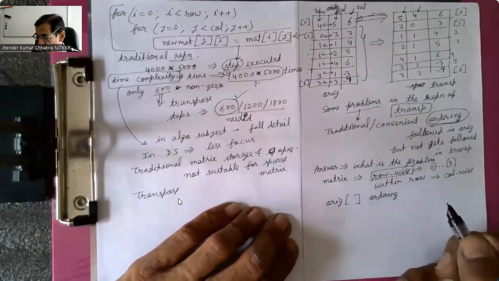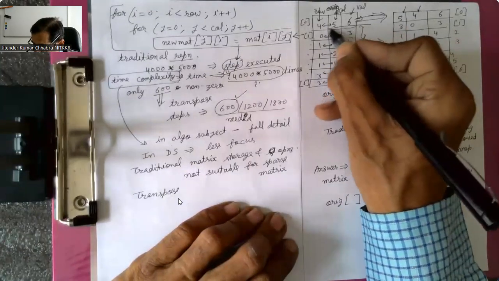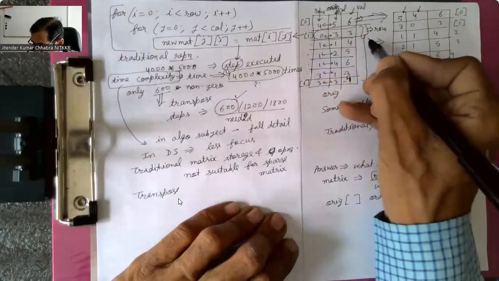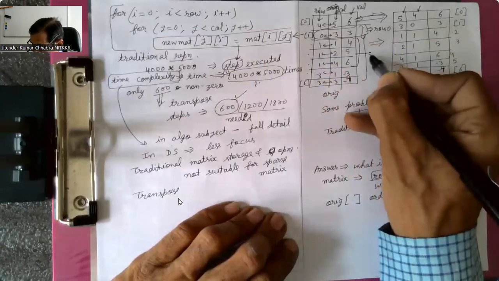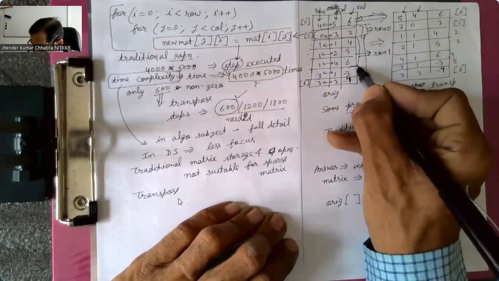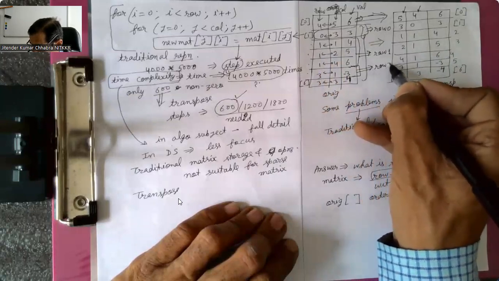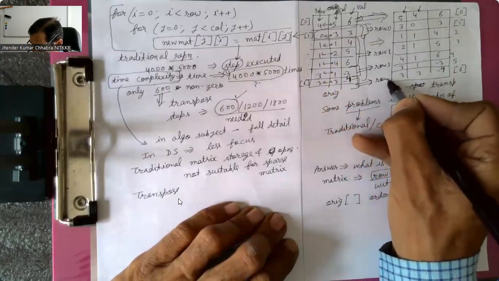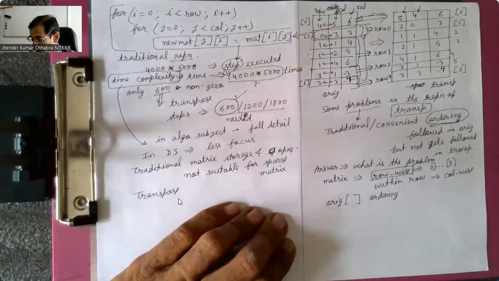Directly or indirectly or unknowingly, I ensured that all non-zero entries corresponding to row 0 were stored here. All entries corresponding to row 1 are here, all entries corresponding to row 2 will be followed by row 3, then row 4. They are in increasing order of the row numbers because that's the way we normally work.